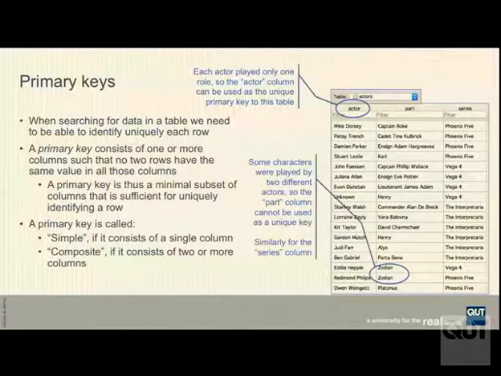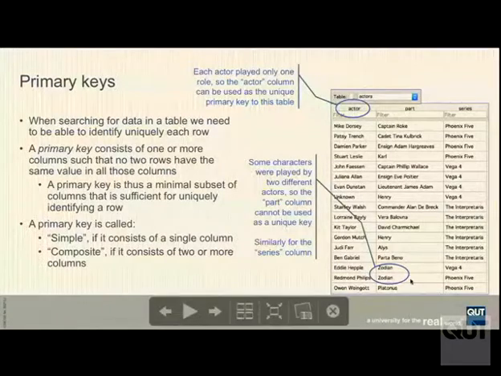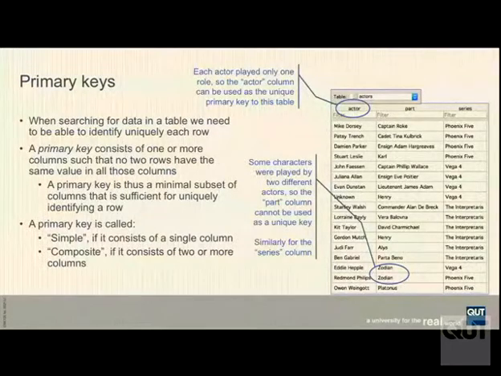But you can see that the character, or the part of Zodian, was played by two different people, Eddie Heppel and Redmond Phillips. So that entry appears twice. Zodian appears twice under the part column, but it doesn't matter because the name of the actor is still distinct.